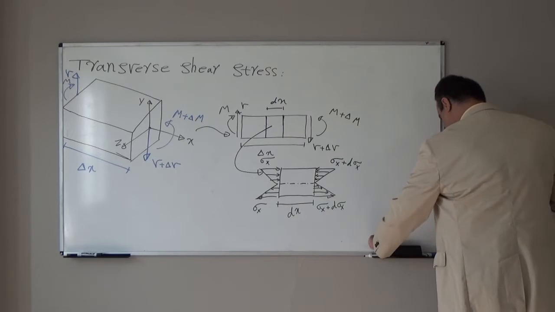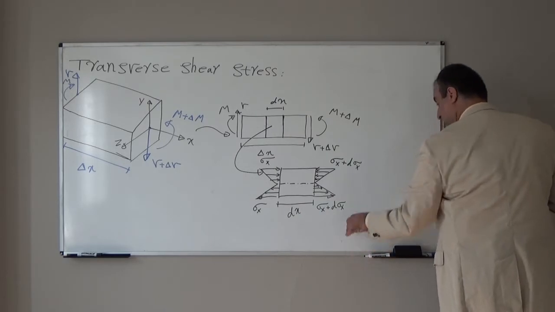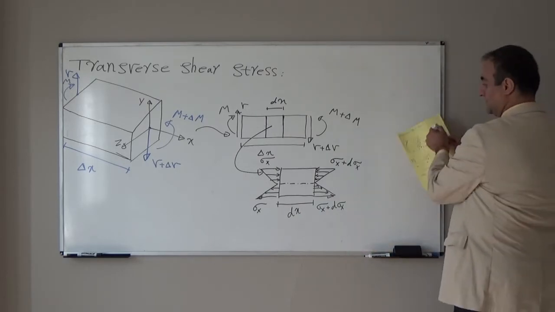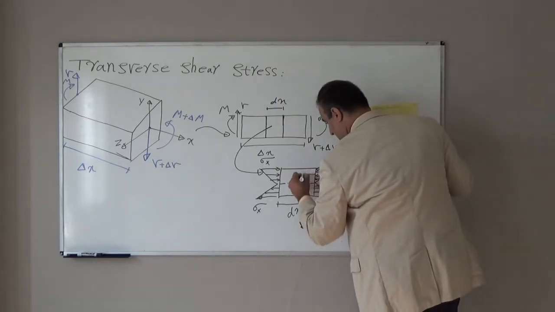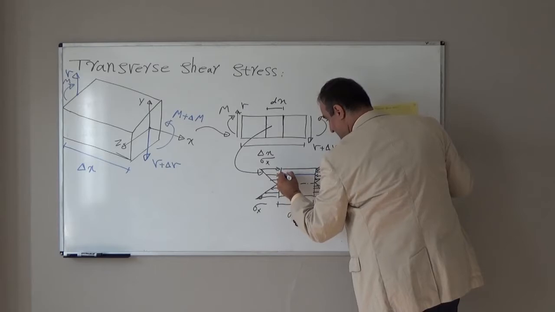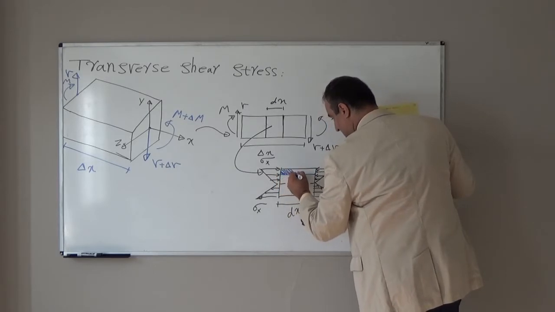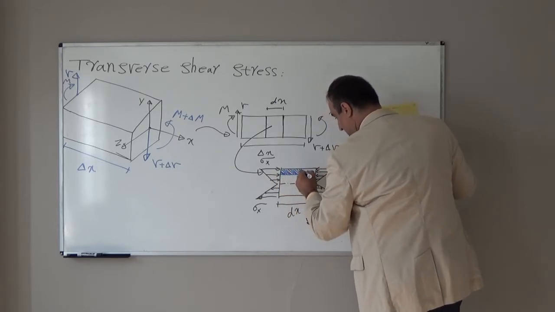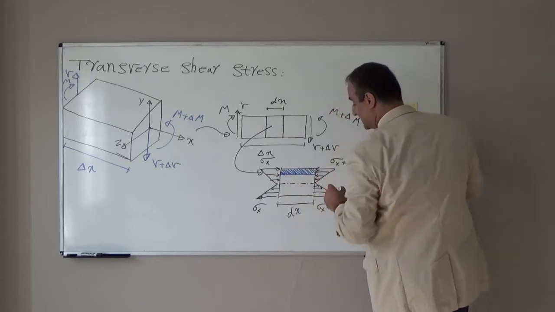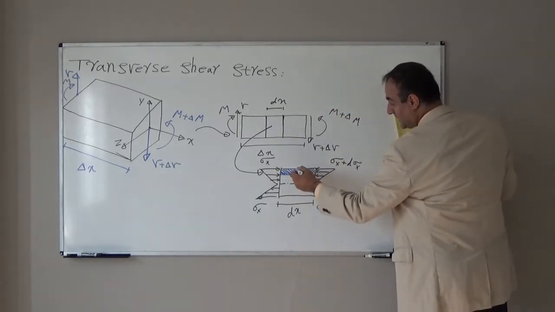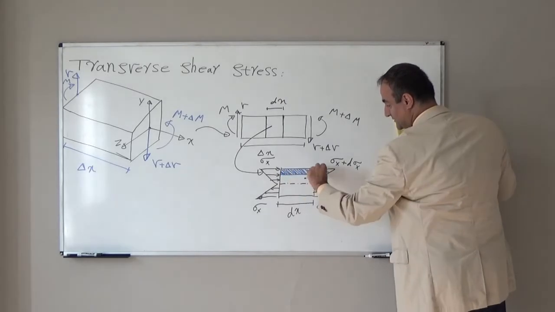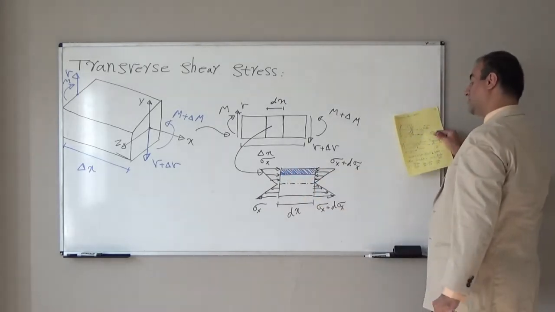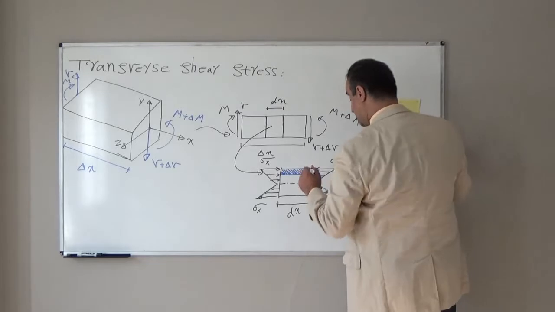If I take one small strip from this element and look at the equilibrium of this shaded part, I'm writing the equilibrium equation for this strip, which I show in blue here.